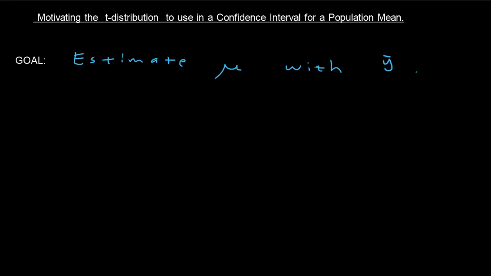The sample mean is known, right? So this is a known statistic. And population mean mu is usually unknown, and that's a parameter.